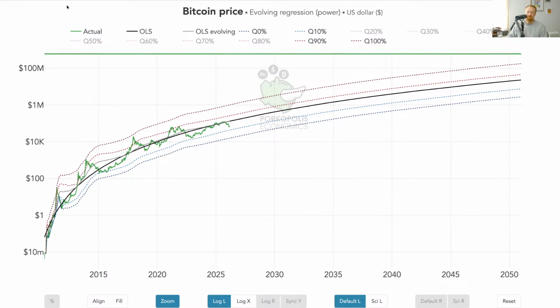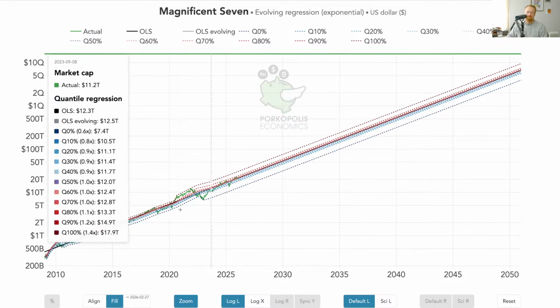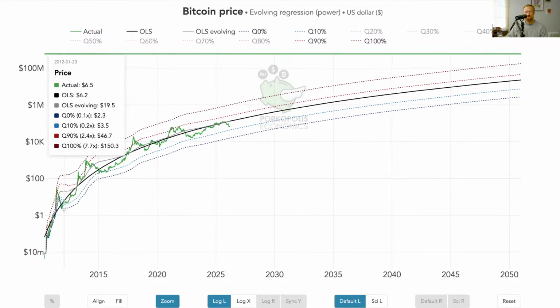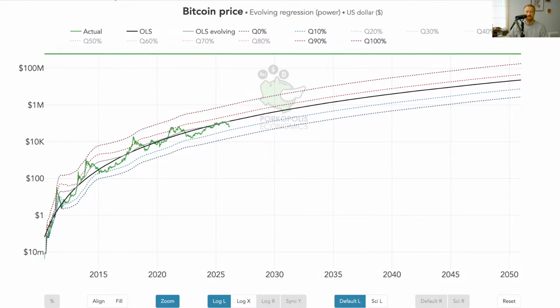Bitcoin's a power curve. Stocks, bonds, they're exponential curves. Straight line on log scale. Log linear. But notice the bands. With Bitcoin, the green line gets closer to the black line, even though it seems really discounted here, and it is.